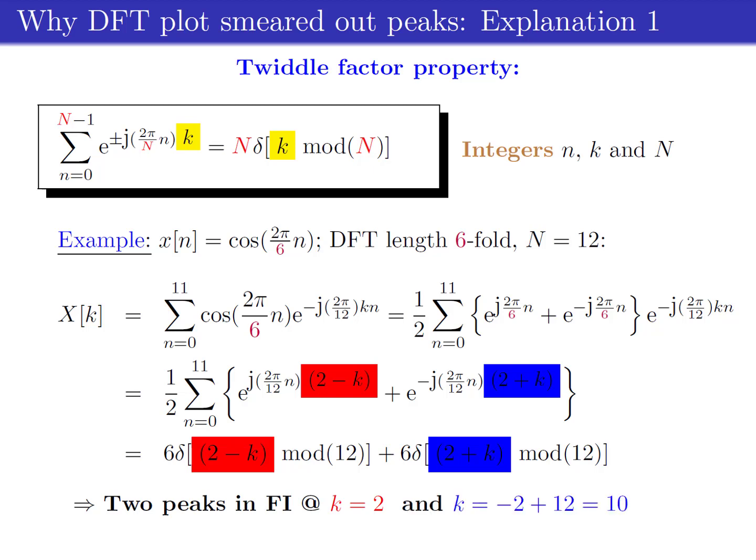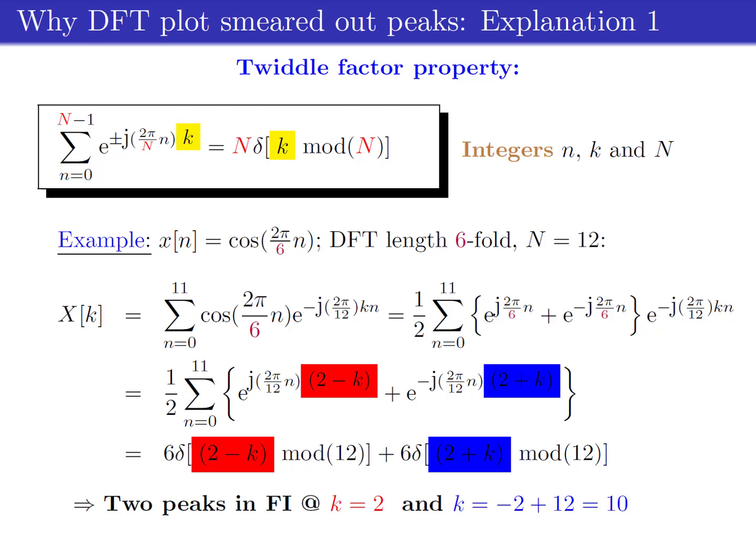The second summation is always 0, except for the case when the frequency index 2 plus k modulo 12 is equal to 0. Thus, within the fundamental interval, the second summation is equal to 0 for all frequency indices k, except for k is minus 2 plus 12, which is 10.